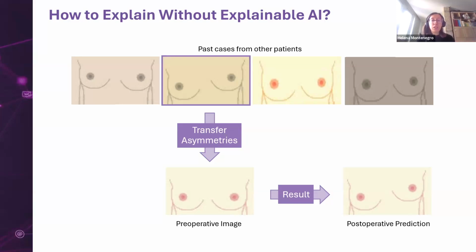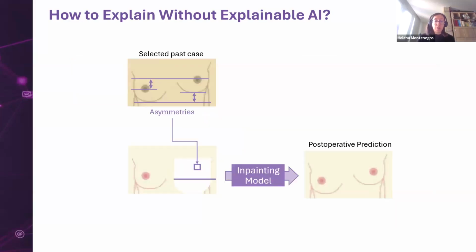But we could even go a little bit further and explain exactly how the AI model does this process of transferring asymmetries. For example, one of the models that we have developed has this reasoning where first we remove the breast that is being surgically altered from the image. We entirely remove it, and then we add some annotations of where the nipple is expected to go and also for the lowest point of the breast.